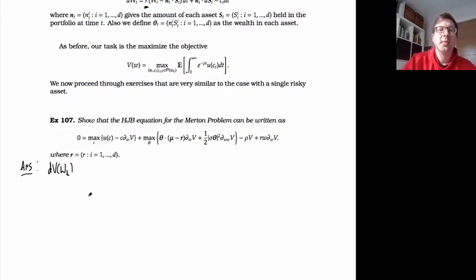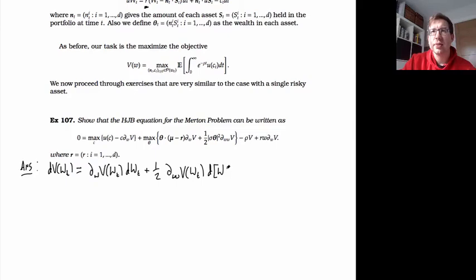And we know by Ito's formula that this is equal to the partial derivative of V with respect to W, plus a half the second partial derivative of V(W(t)) times the quadratic variation of W. Now we need to investigate a little bit what W is and how to write it out.